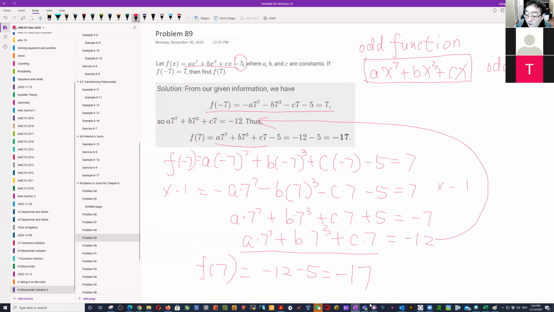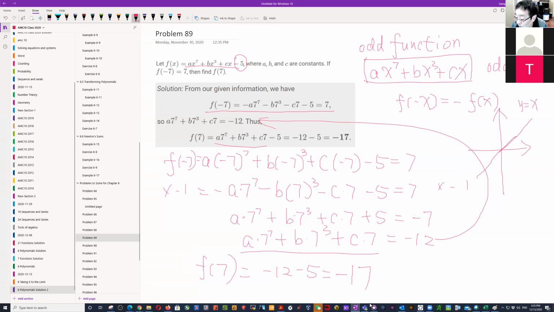Odd function means that the function f(-x) is going to be negative f(x). For example, y equals x is an odd function.